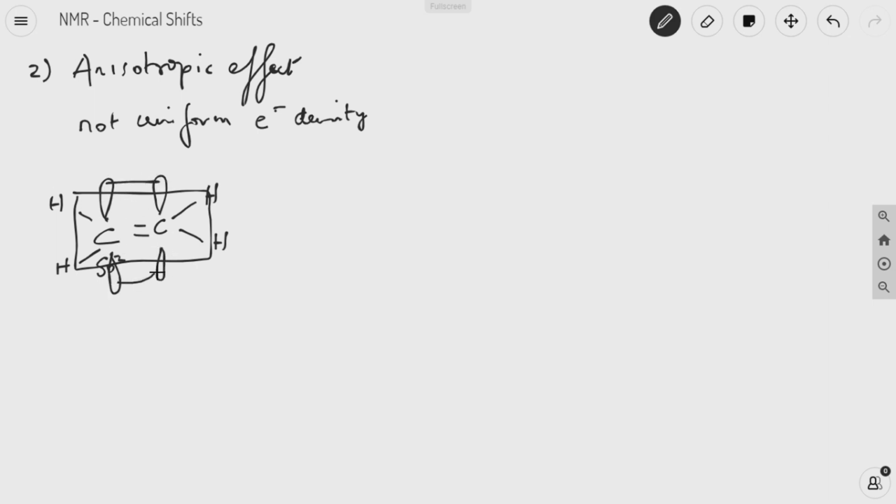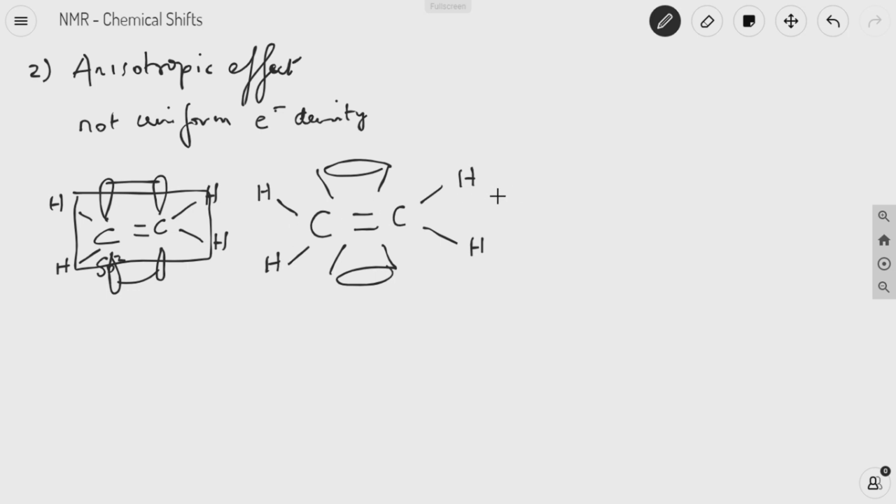This is how the sideways overlap takes place, so the pi bond density will be either above or below. The pi bond density will be more concentrated along this region. Hence, these protons are far from the electron density, so they get de-shielded. So, higher del value.